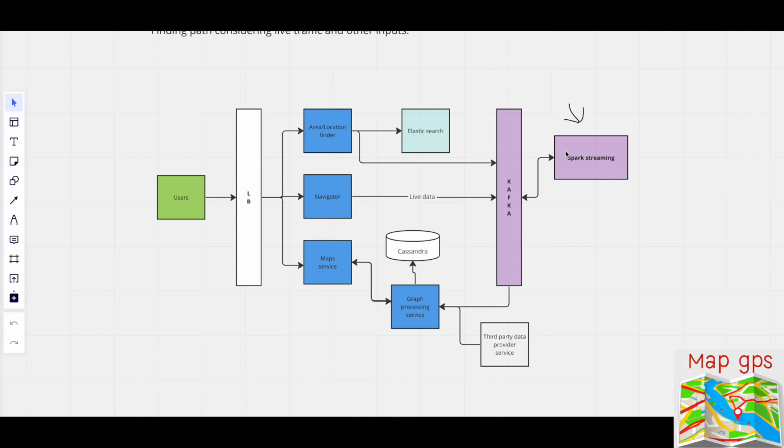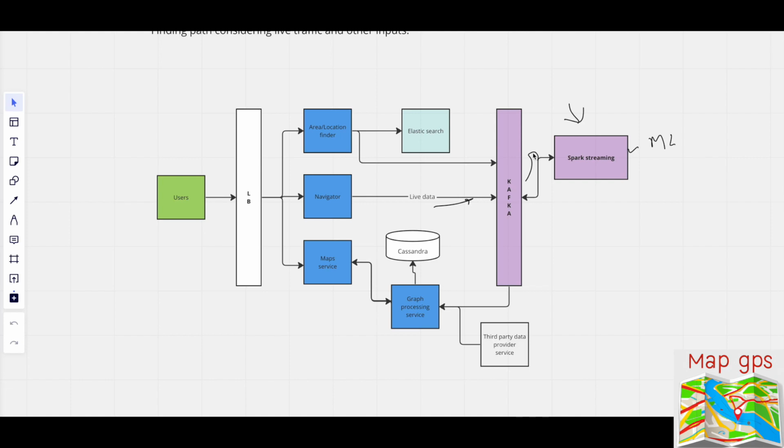On your streaming, think of you are running your machine learning models and algorithms, which will keep on calculating that for these points, maybe A to B, which we already have in our DB, the time is actually 45 minutes as of now.